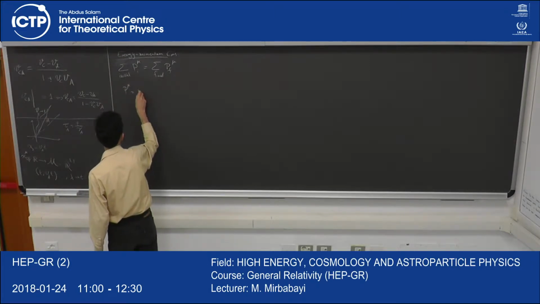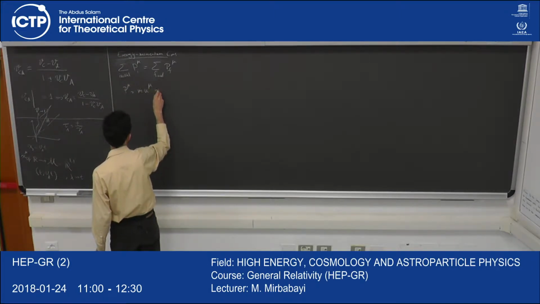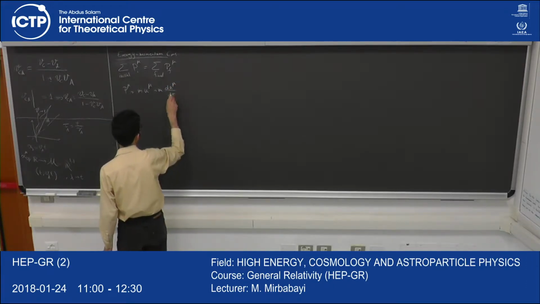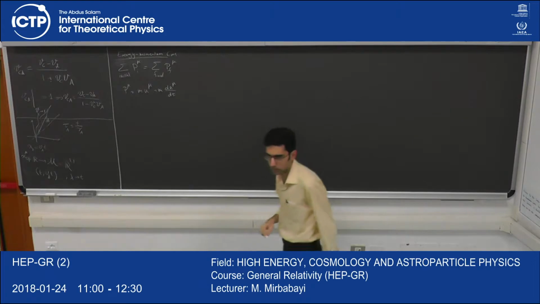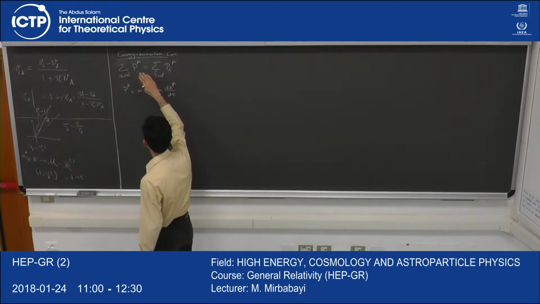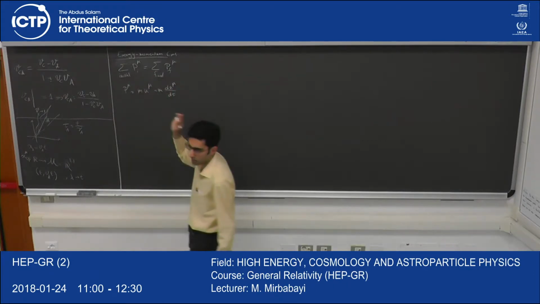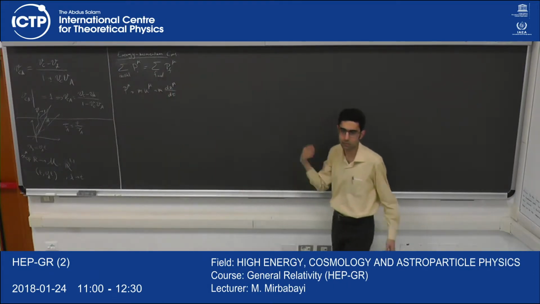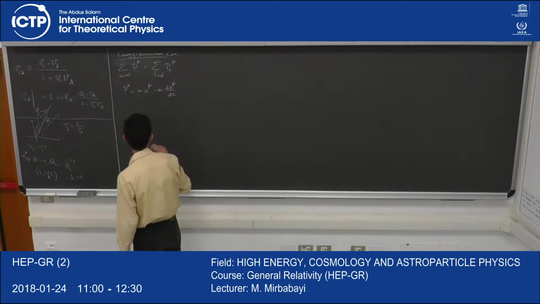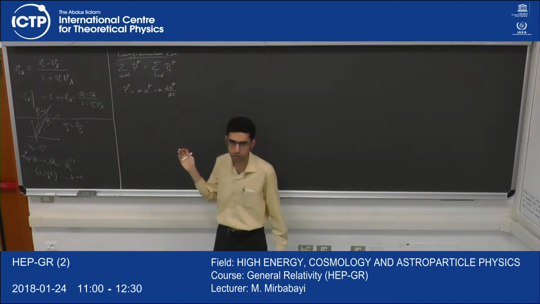And this P mu is defined as m times u mu, where u mu is the 4-velocity that we defined yesterday. So this is a 4-vector, and this equation relates quantities which have the same transformation properties under Lorentz on two sides. Moreover, this equation has the right Newtonian limit.